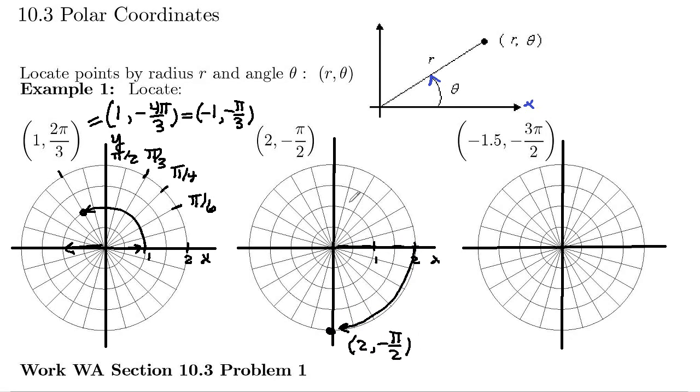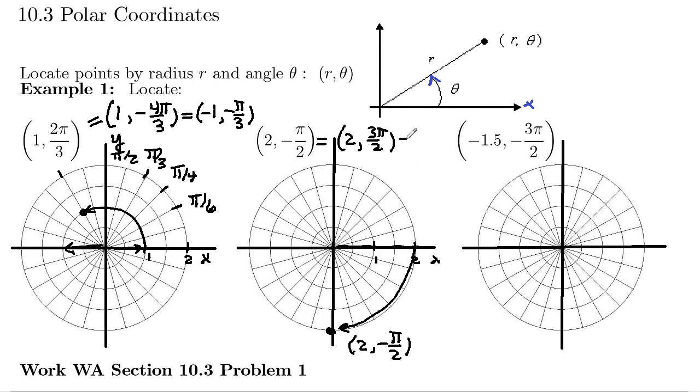Which is the same as, let's see, this would be the same as 2. And then if we wanted a positive angle, we'd have to go pi over 2, pi, 3 pi over 2. And then if we wanted negative radius, let's see, we go out negative and then counterclockwise pi over 2.